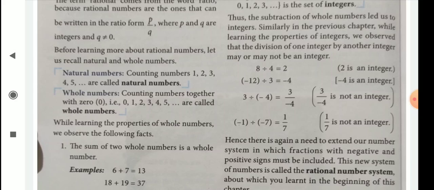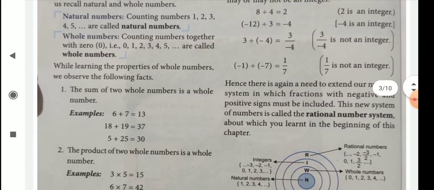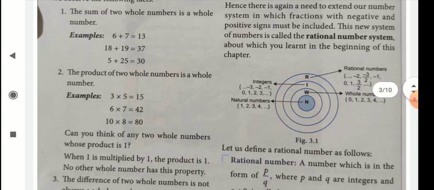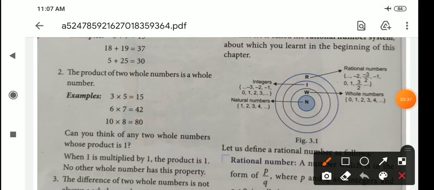Then minus 1 divided by minus 7 is 1 by 7, which is not an integer. Hence, there is again a need to extend our number system in which fractions with negative and positive signs must be included. And this new system of numbers is called rational numbers.